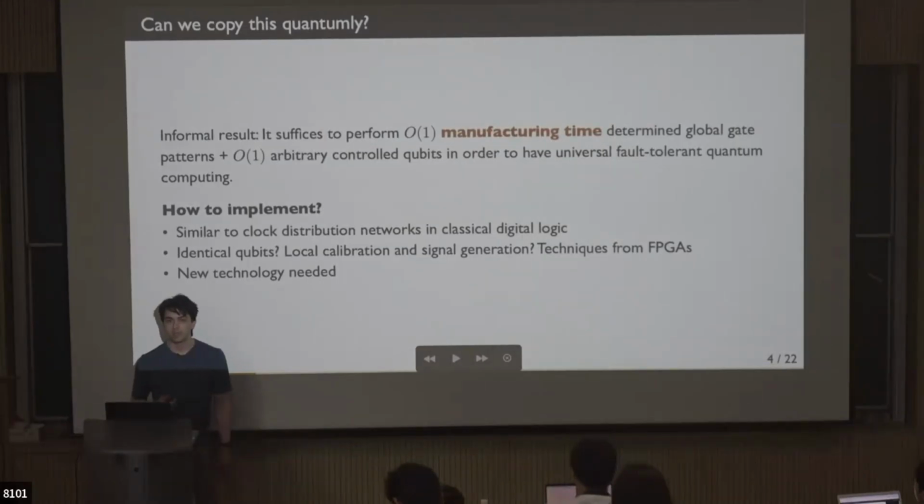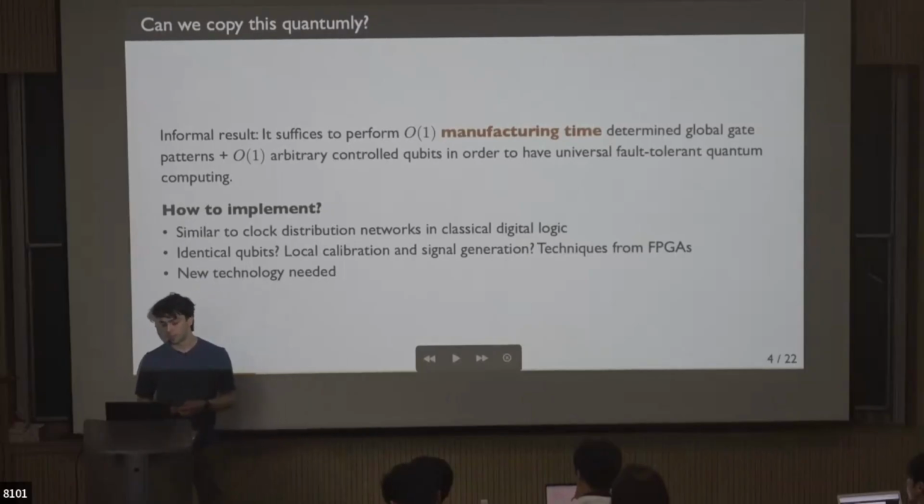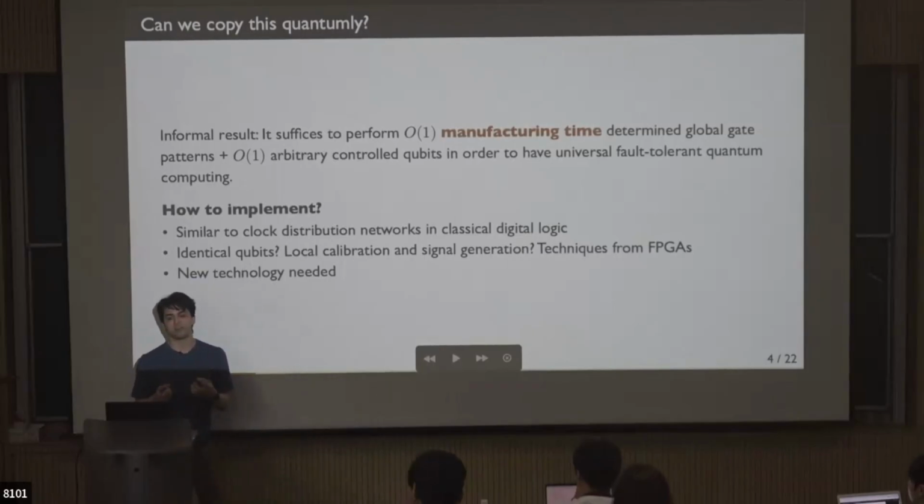Now there's this problem that, typically in these solid state systems, my qubits are very much not identical. So this is where the new hardware techniques have to come in. In order to get the benefit of being able to build very, very large systems, you need some system that is fundamentally incapable of individual universal control.